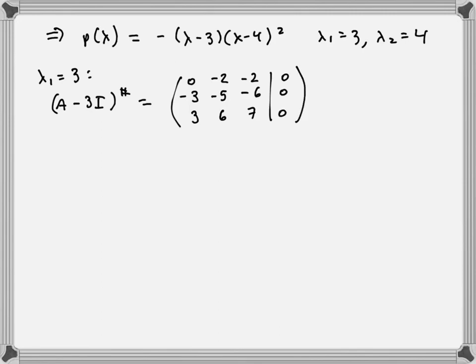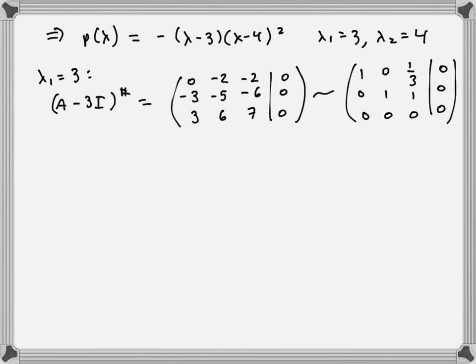So this is what we get, and I have done the work in advance. I want to skip some steps here. We end up with the following matrix in row echelon form: 1, 0, 1/3, 0, 1, 1, 0, 0, 0, and then 0, 0, 0.